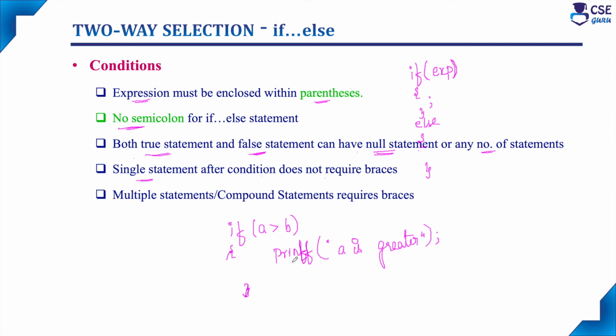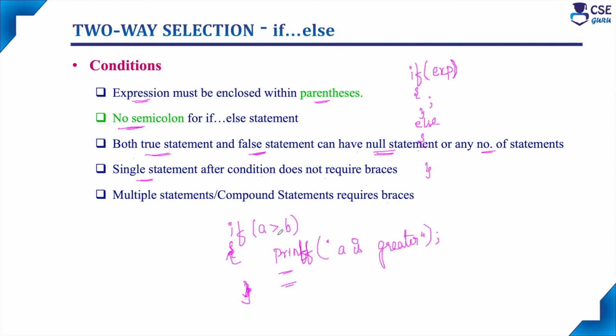Suppose there are two or three statements, then we need to specify the curly braces. If after the condition it executes only one single statement, curly braces are not required. Multiple statements or compound statements require curly braces.